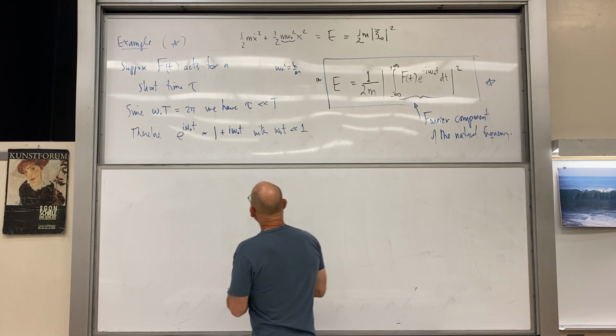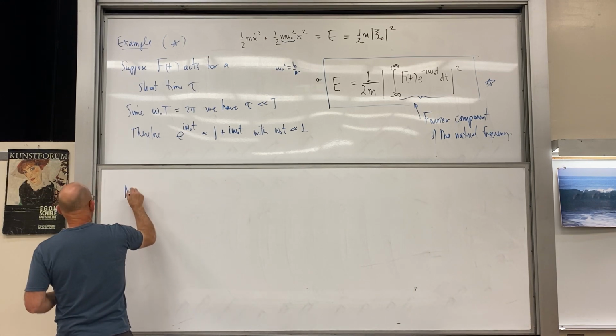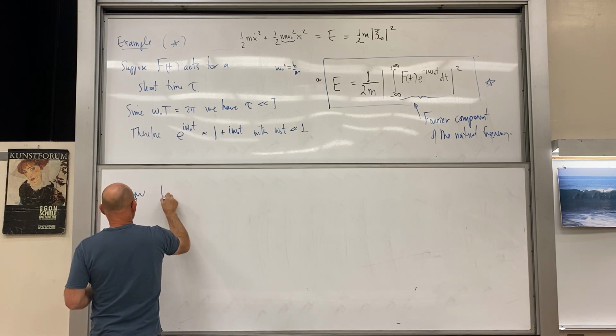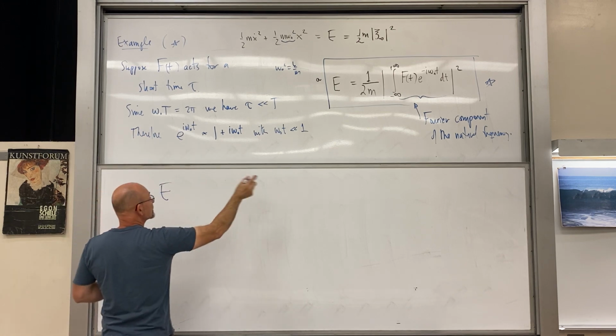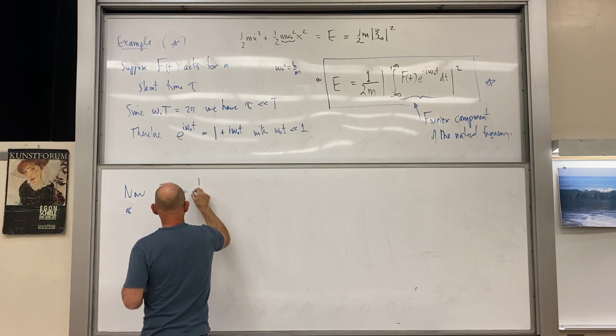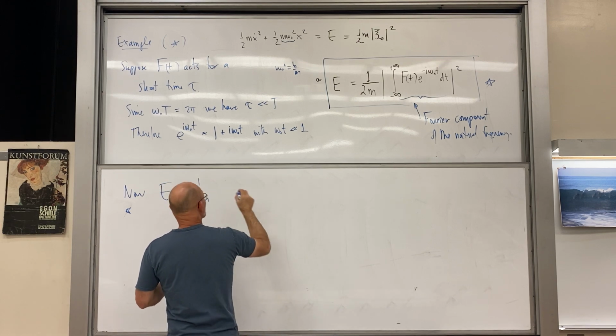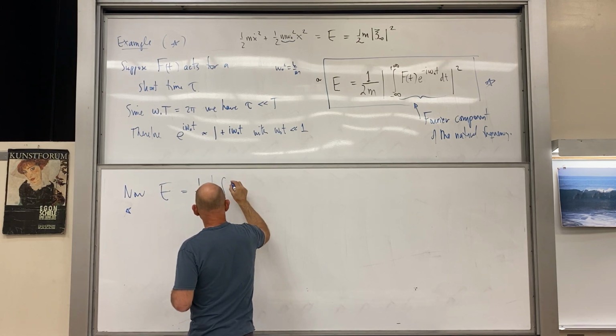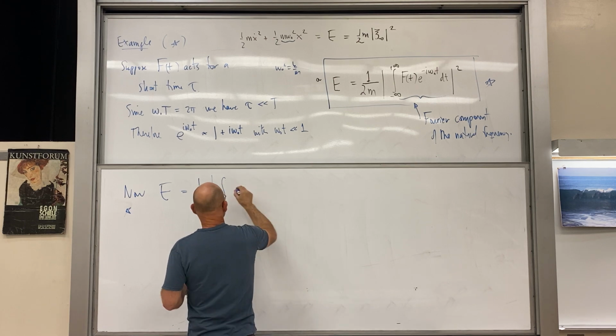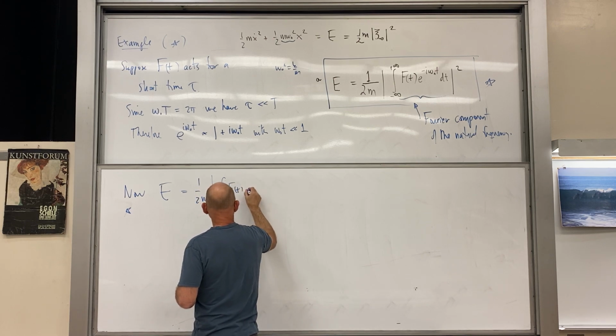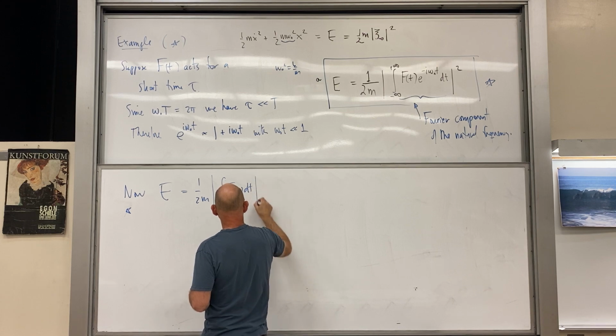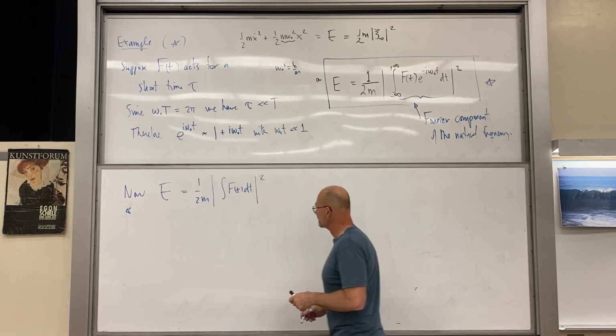Okay, so now E, this is our equation star still, is just equal to 1 over 2m, the integral of f of t dt, squared.